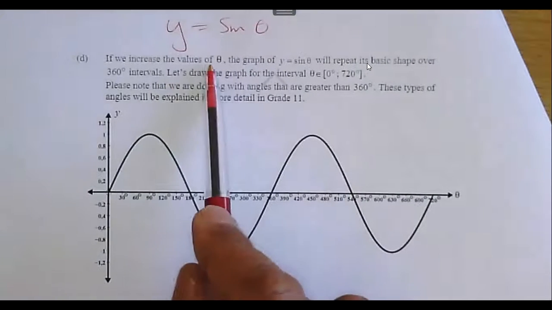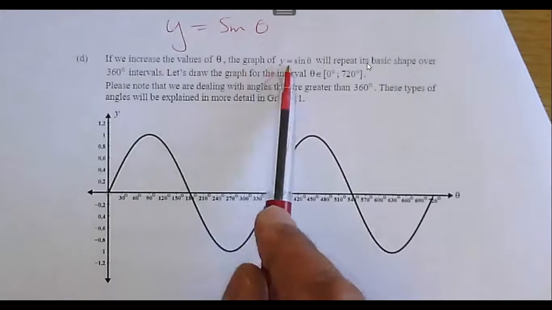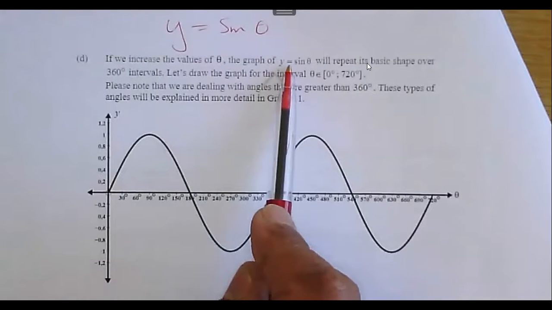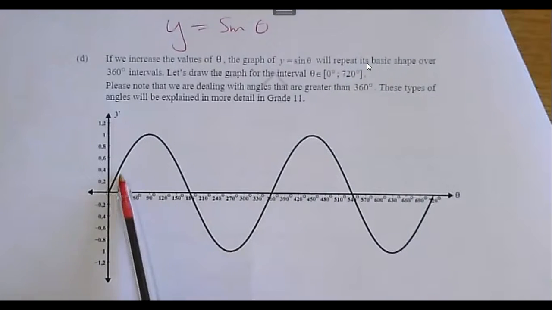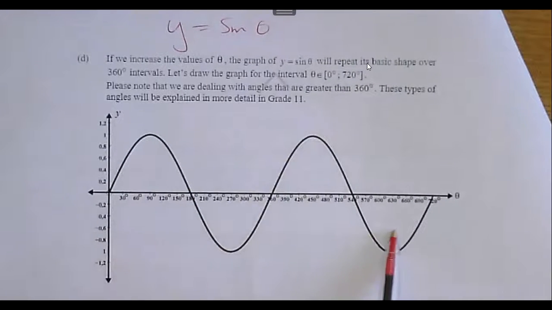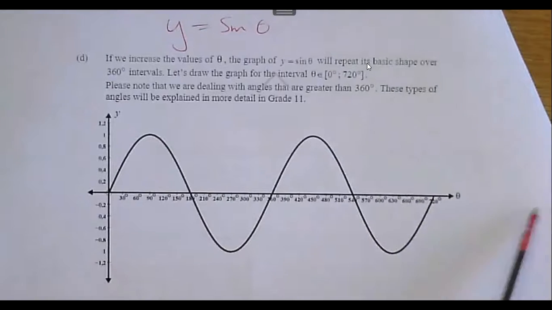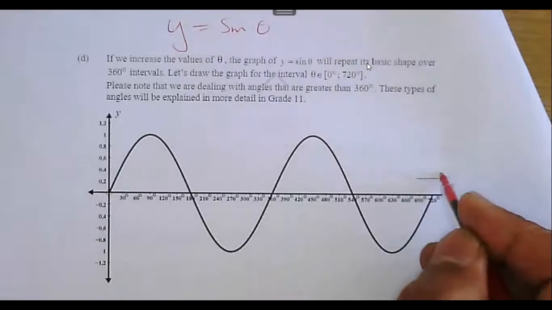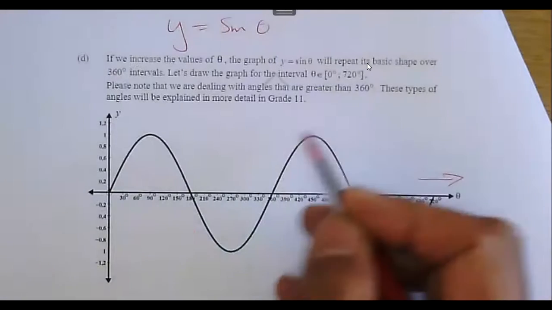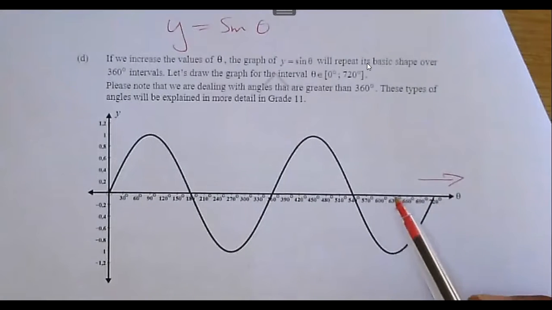Now, if we increase the values of theta, the graph of y equals sine theta will repeat its basic shape. You see, this basic shape will be repeated right to infinity. So that is the basic shape. If you increase theta in that direction, the same shape will be repeated.